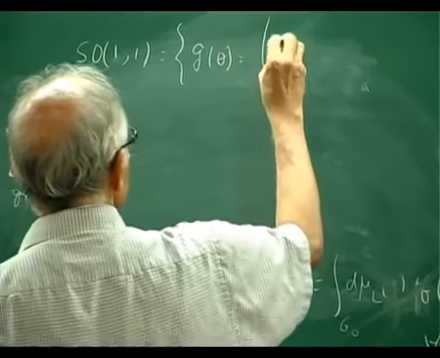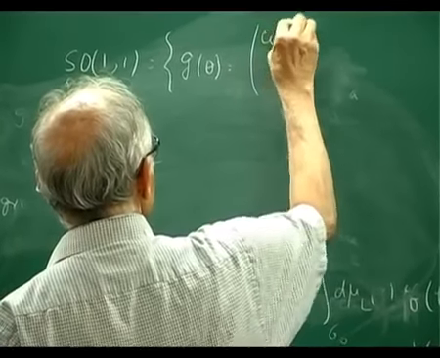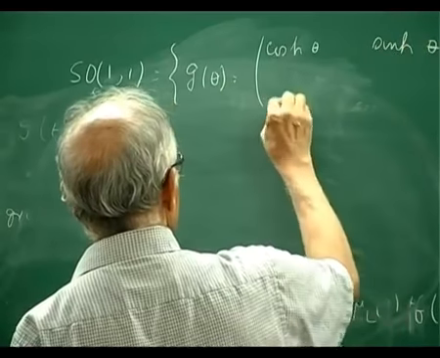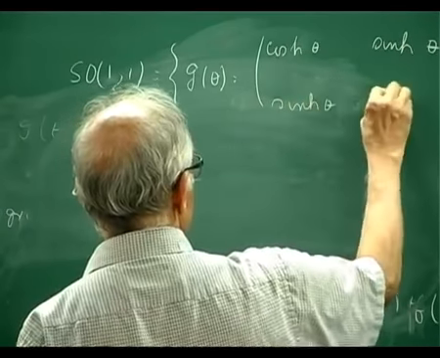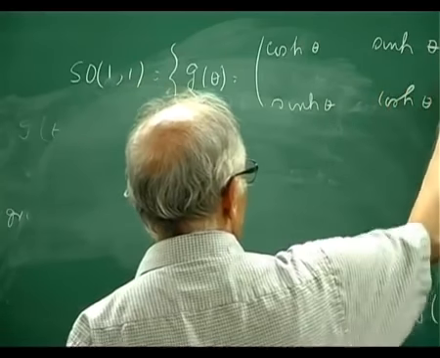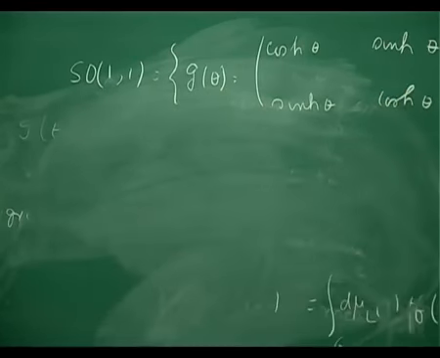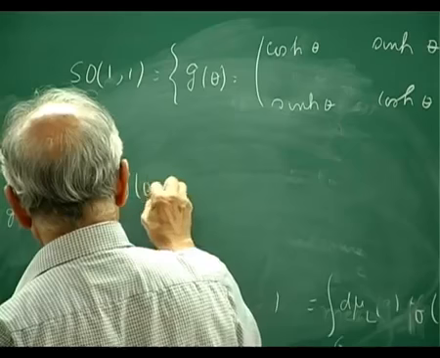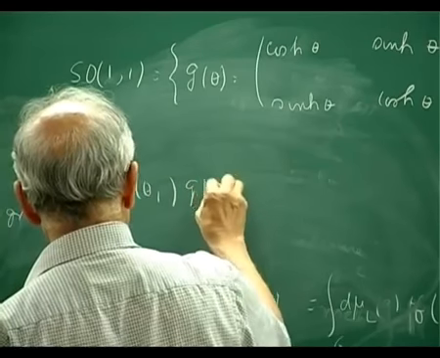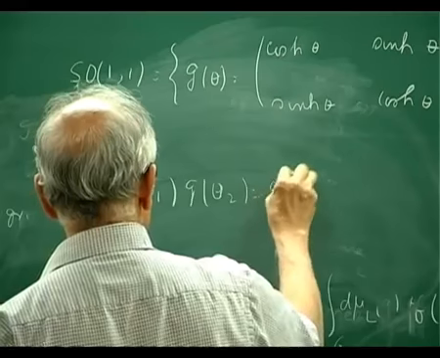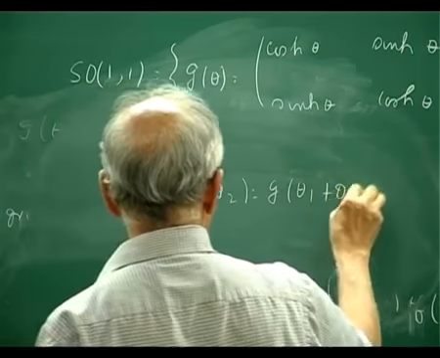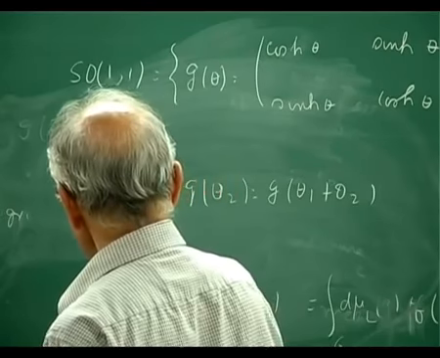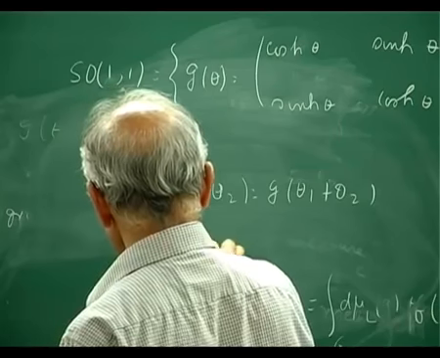This is normally written as the matrix cosh theta, sinh theta, sinh theta, cosh theta, with hyperbolic functions, and you can check that g of theta 1 times g of theta 2 is g of theta 1 plus theta 2. This theta is called the rapidity variable in physics.